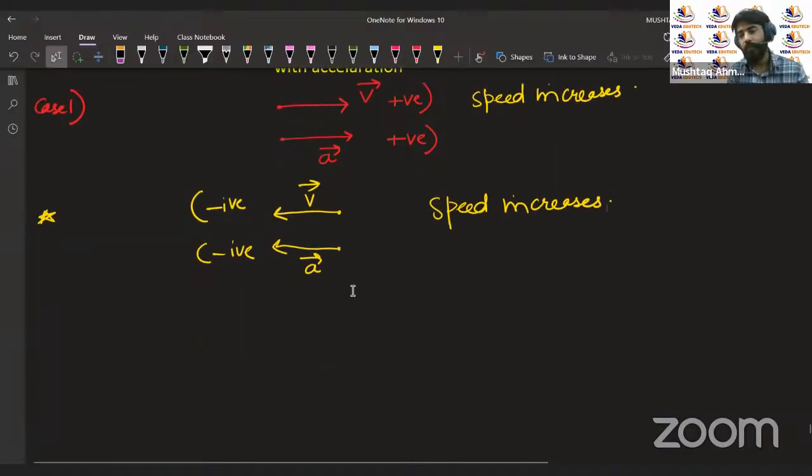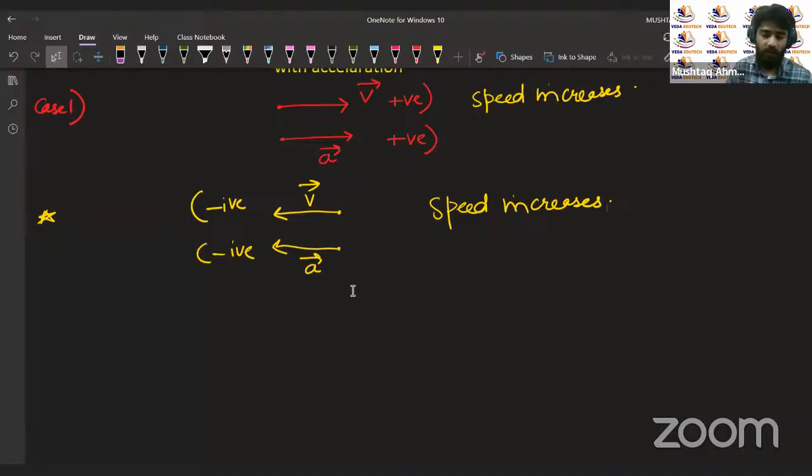So it means that the important condition for the speed to increase is that either the acceleration is parallel to the velocity, or the acceleration is inclined at an angle theta, which is acute, with respect to the velocity.